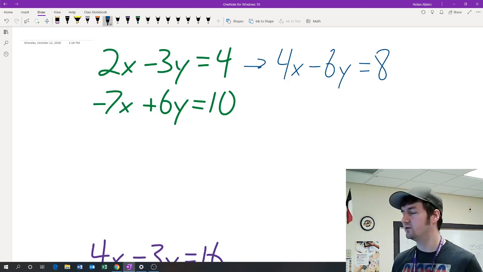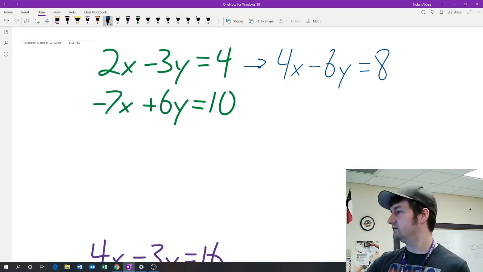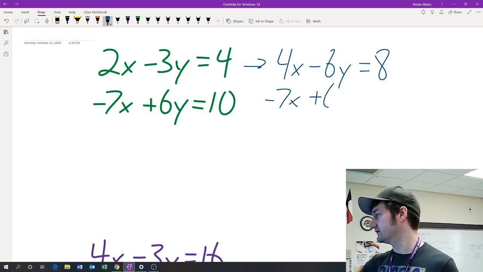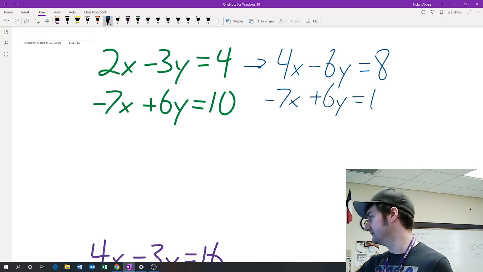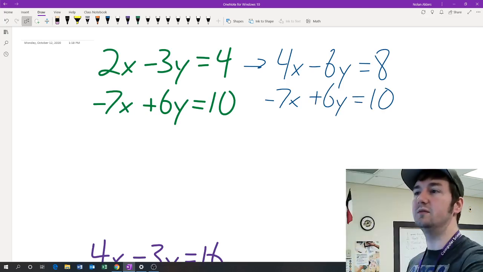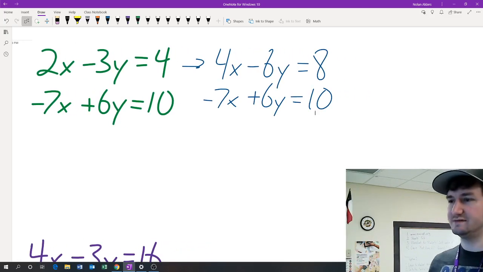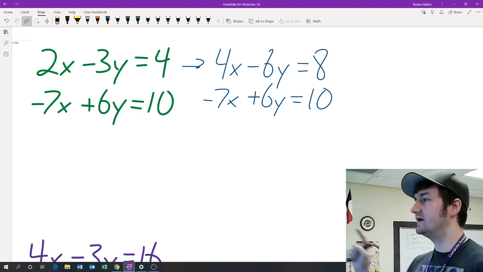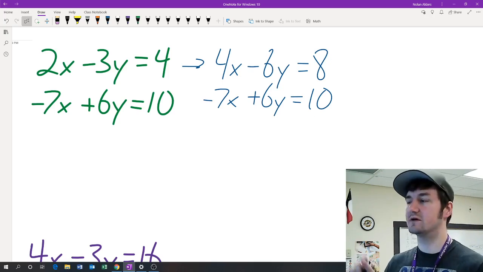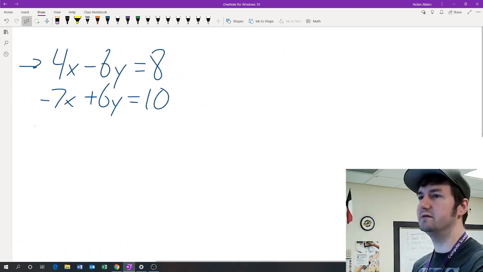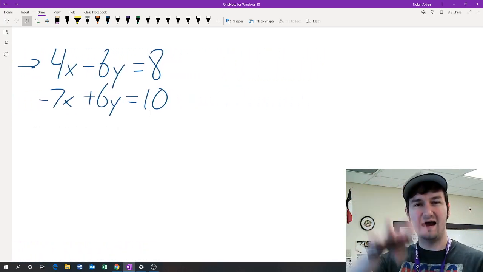Now we'll take that equation and add to it the negative 7x plus 6y equals 10. I'm going to move this over here now. We didn't change the bottom equation. We left that one the same, but we multiplied both sides by 2 for our top equation. Now let's take those two new equations and add them together.